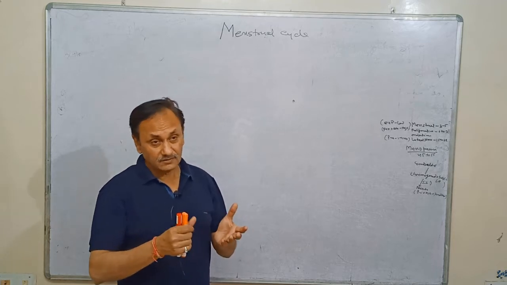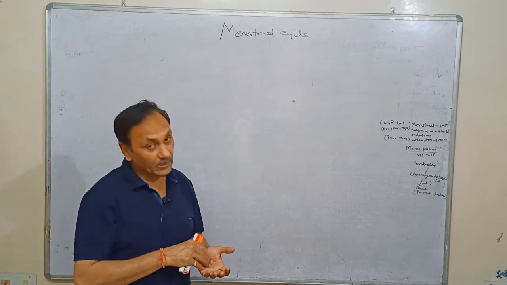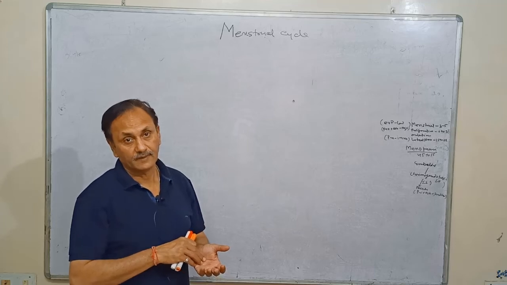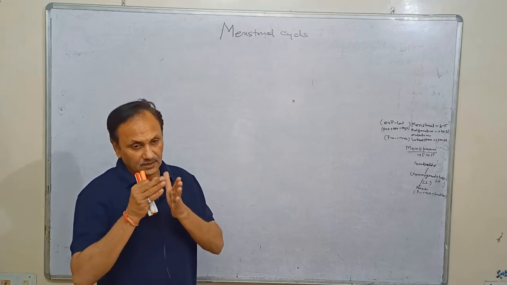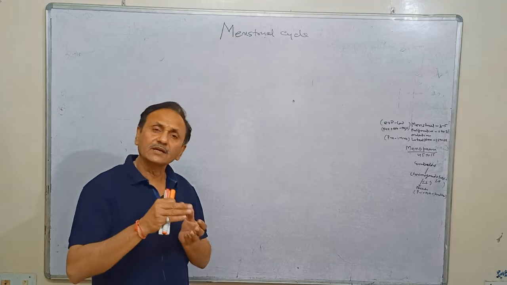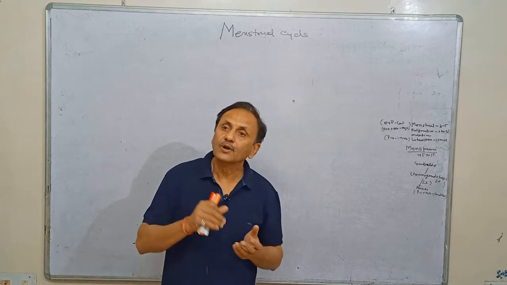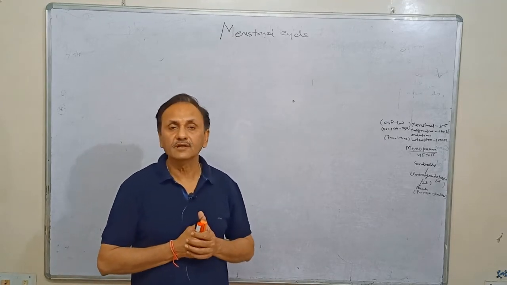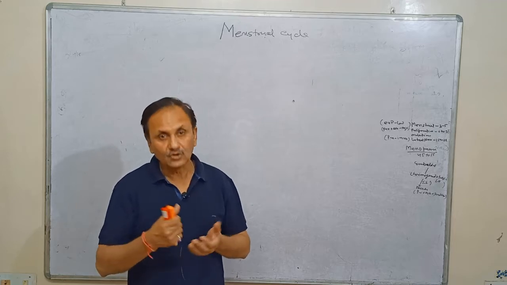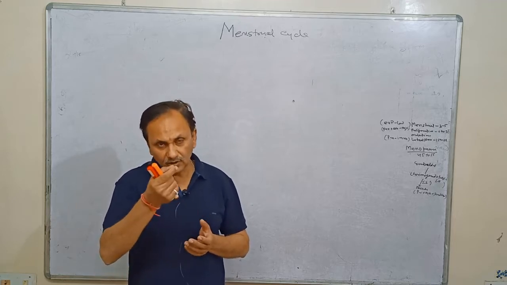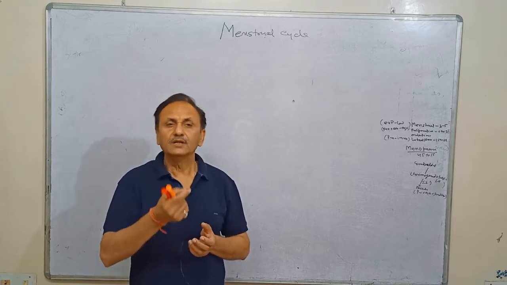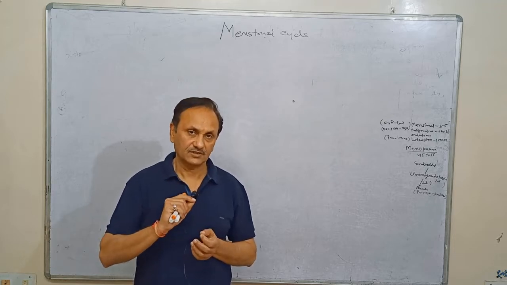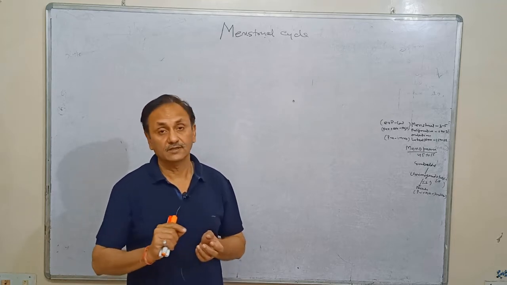What happens in that particular ovary we have discussed. Firstly, FSH acts upon the oldest primary Graafian follicles and they start to mature, and during maturation they release estrogen.